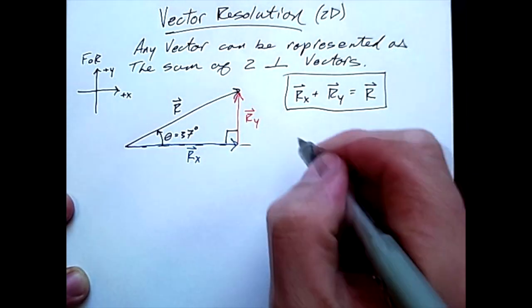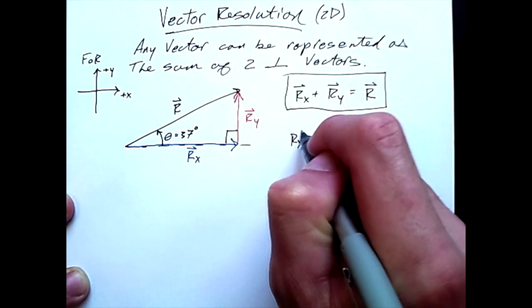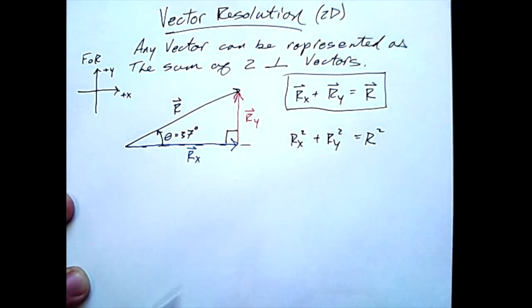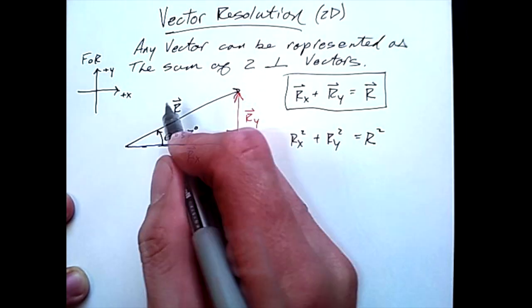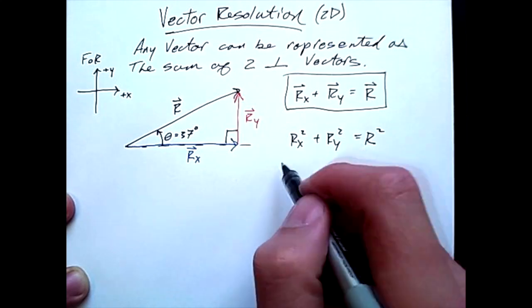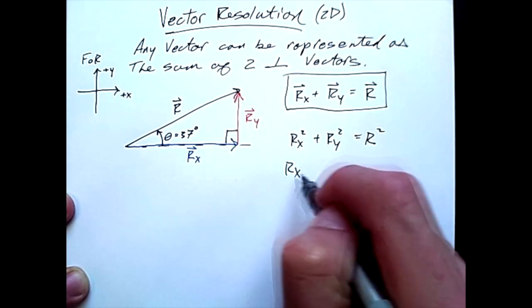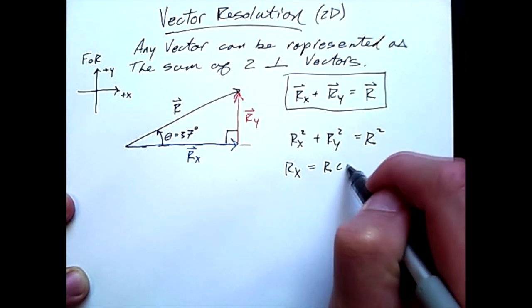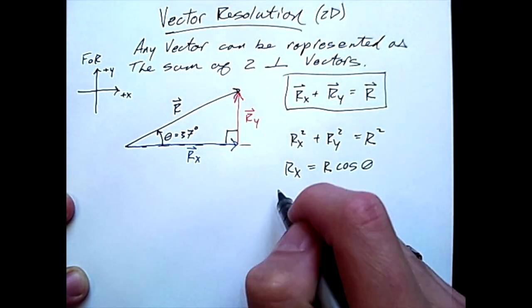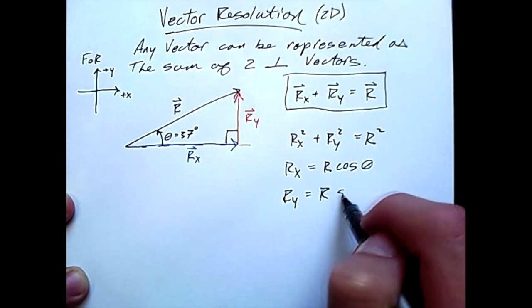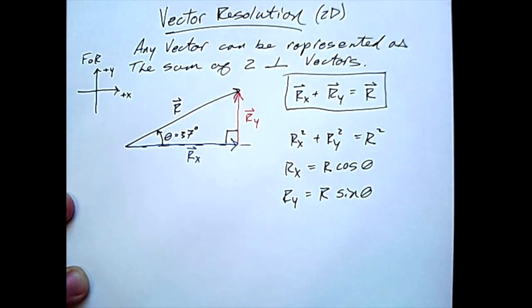In terms of the magnitudes, we know that r x squared plus r y squared equals r squared in terms of the triangle magnitudes. We also know that based on the angle theta, using the general form, r x is equal to the magnitude of r times the cosine of theta, and r y is equal to the magnitude of r times the sine of theta.